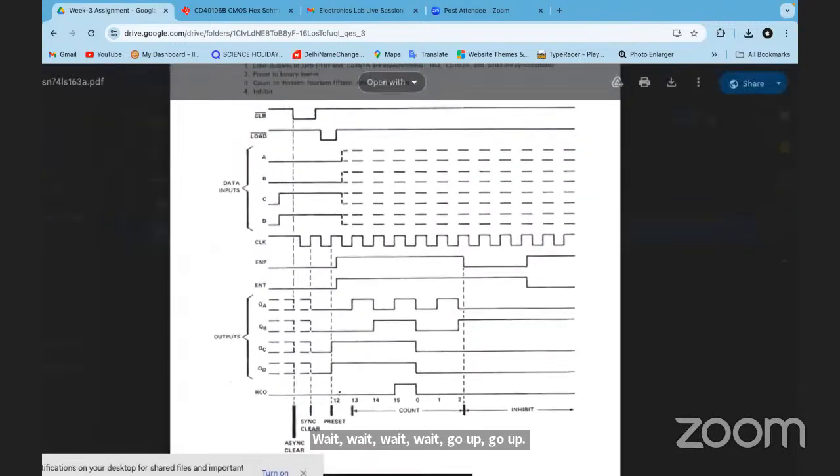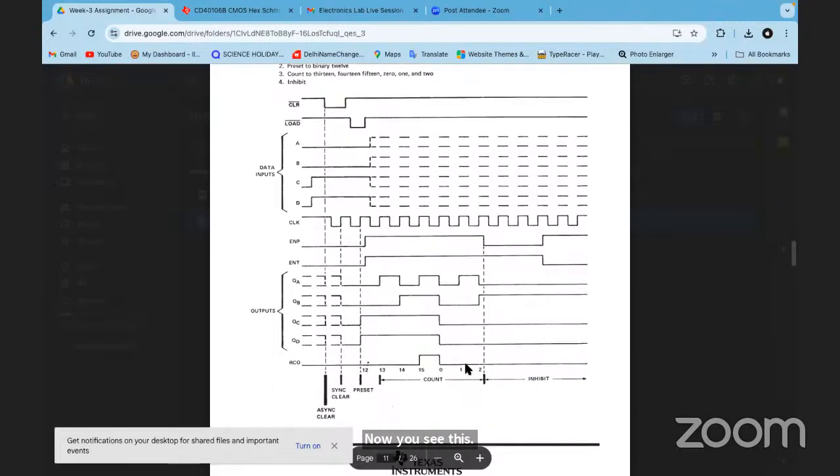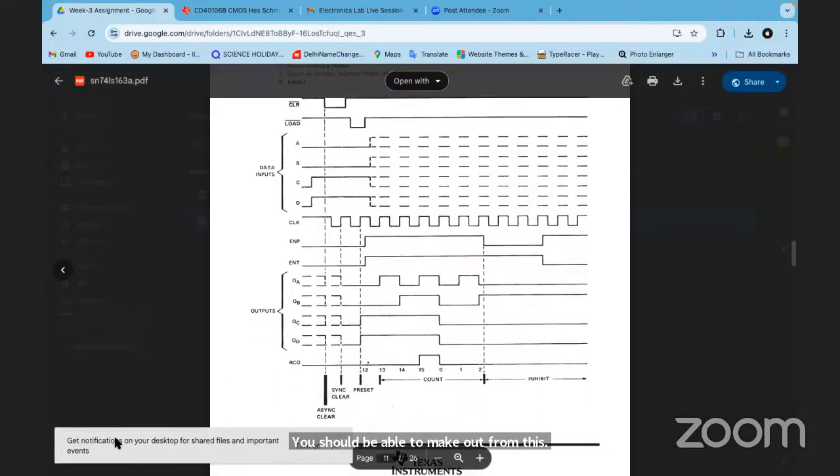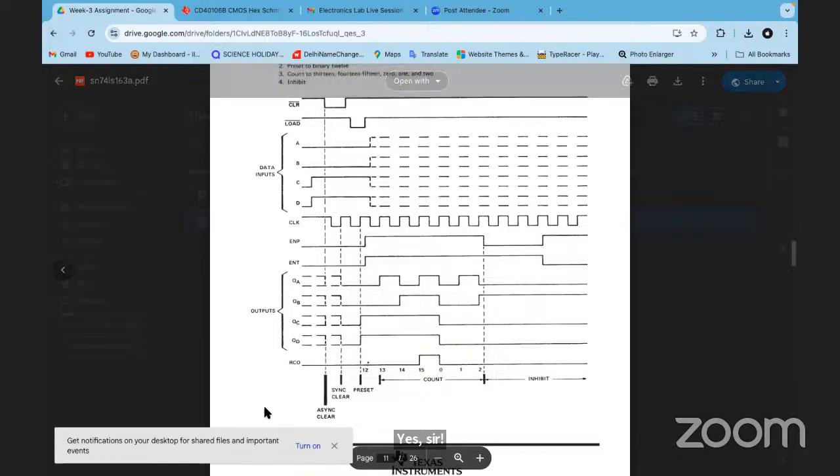You see this? You should be able to make out from this waveform. You see ENP, what is happening, right? Yeah, sir. We need to analyze it. Okay, so you read the data sheet and figure out what they do. Okay? Anyone has any questions on this experiment?